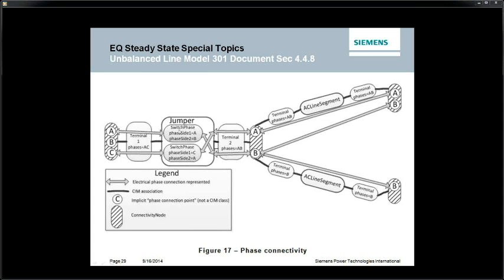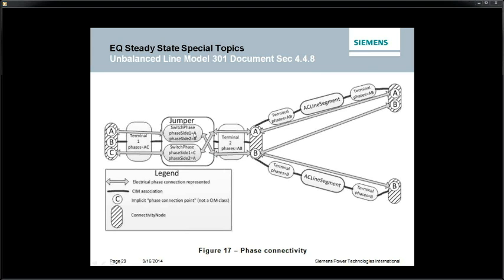We actually have two different switch phases. One switch phase, and this is considered to be an actual switch, a subclass of the jumper, connects side 1, which is terminal 1, A phase, and its side 2 terminal actually connects to B phase. So you have a sort of crossover.